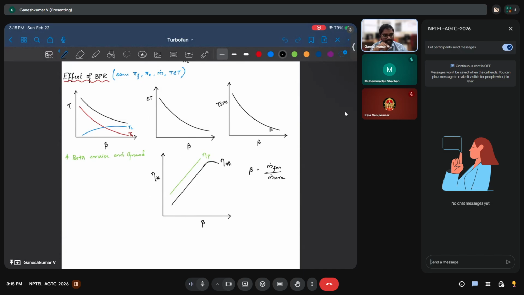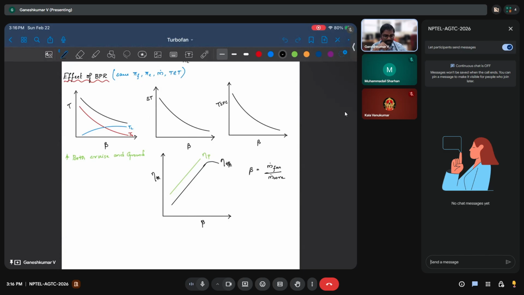And TSFC, of course, will decrease because reducing the core means reducing the fuel that you are adding. So fuel reduces, so TSFC has to reduce, and the propulsive efficiency is going to continue to rise because the overall exit velocity is going to keep on reducing as you increase the bypass. If you increase the bypass, we know the bypass exit velocity is lower, and it's closer to the flight speed, and hence propulsive efficiency is higher.